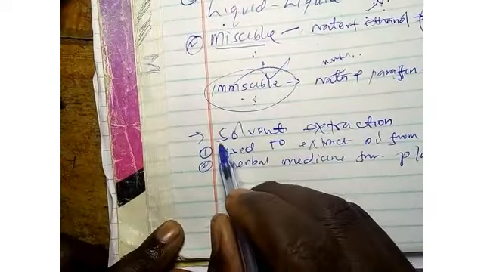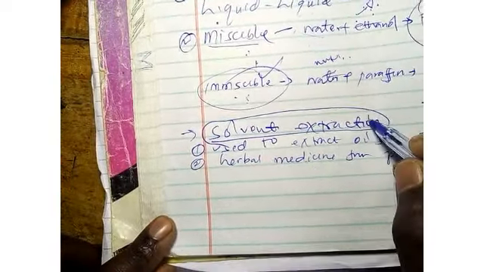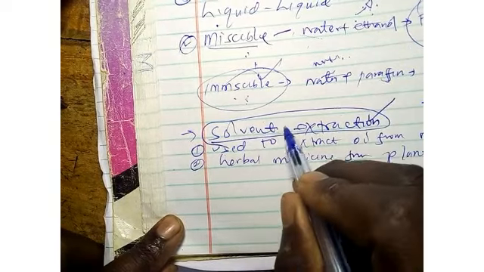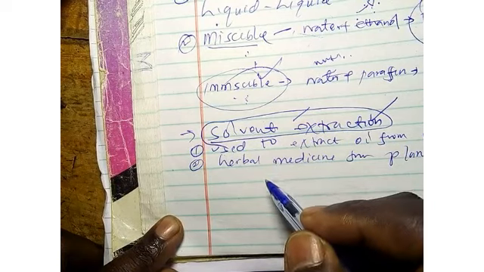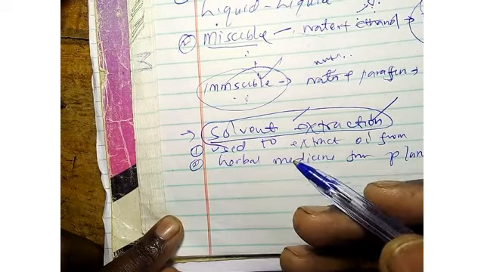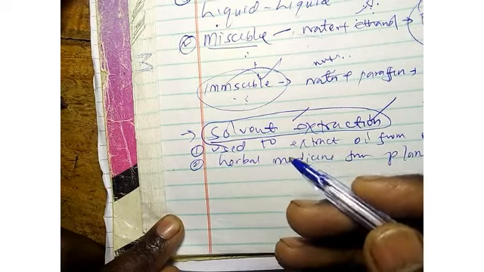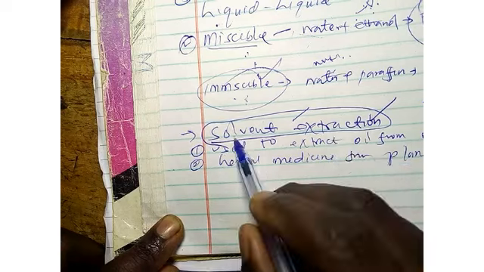And then finally, next we have solvent extraction, which you must know. This is the method that is used to separate or to obtain substances from materials. For example, we can obtain oil from seeds. We can obtain herbs or medicine from plants by using solvent extraction.